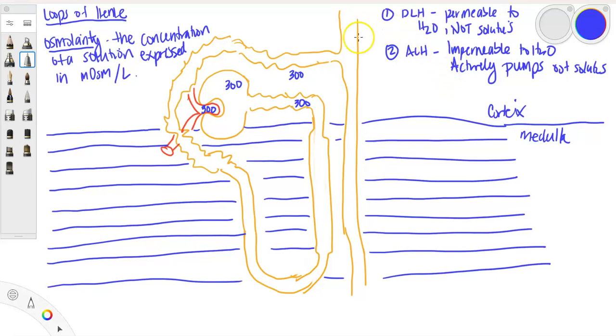All right, so as we're coming around into the descending loop of Henle, we're at 300 milliosmoles and we're going down into the medulla. As we're going down the medulla, we're getting saltier and saltier and saltier.